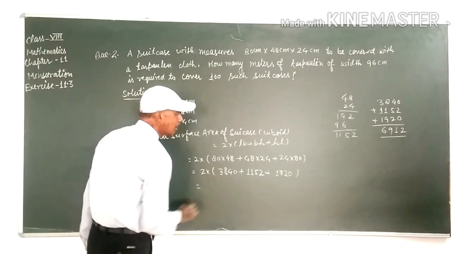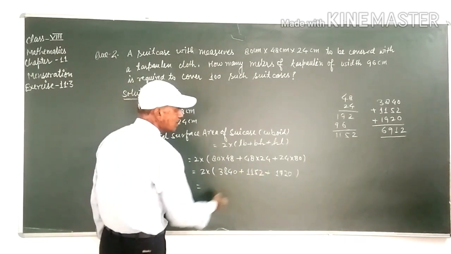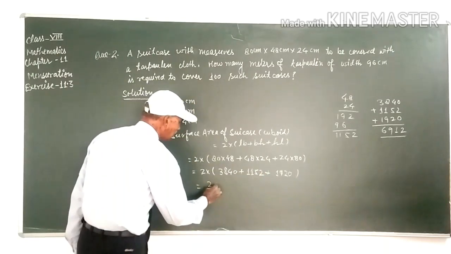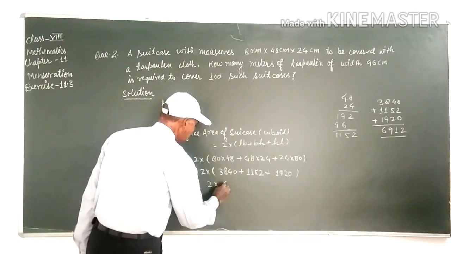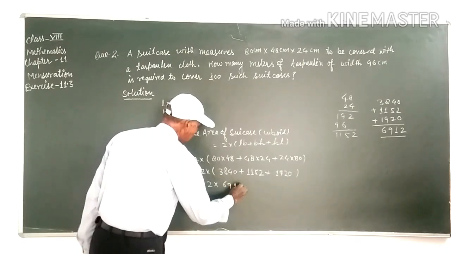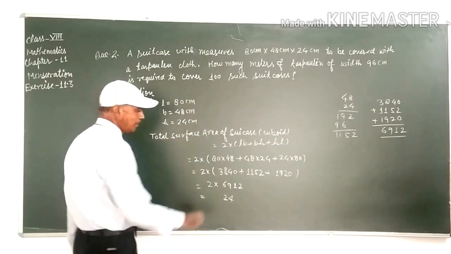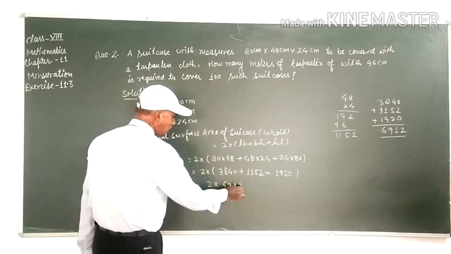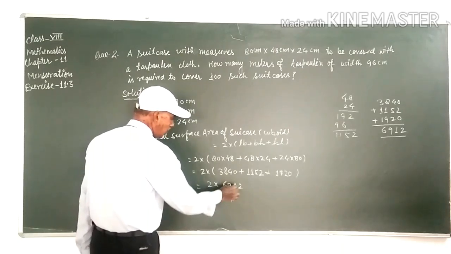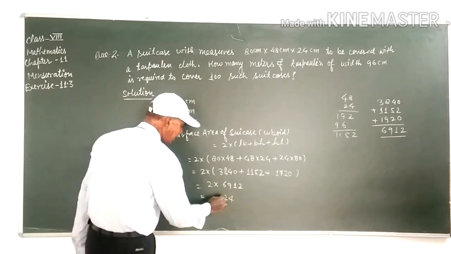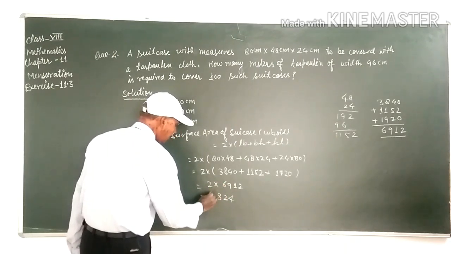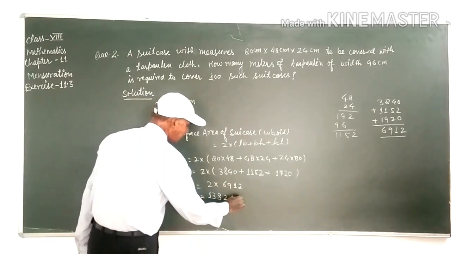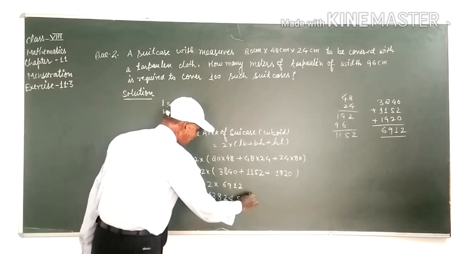First add this, and that will be 2 into 6912, which is 13824 centimeter square.